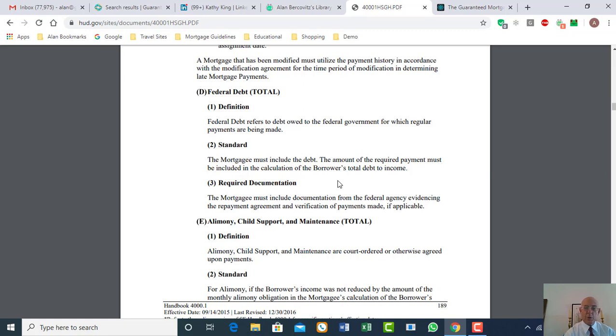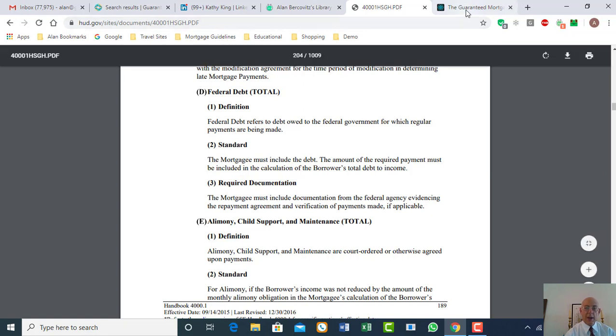So if we get a situation such as a parent has cosigned a federal student loan debt for the child, but the child is now out and working and making the payments, and the parent applies for a mortgage for FHA, that debt must be included in the parent's DTI because it is a federal debt.